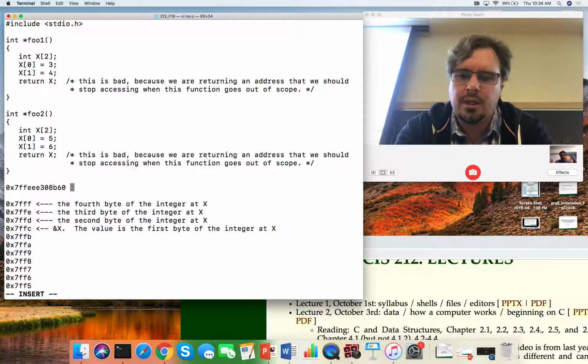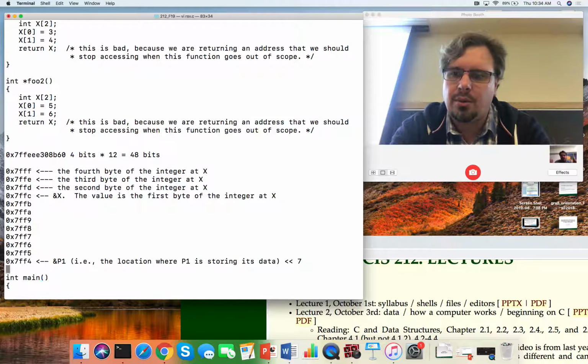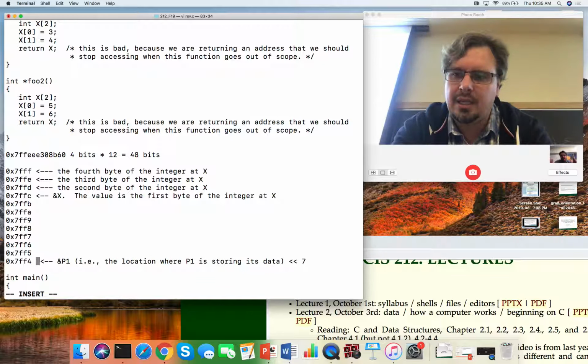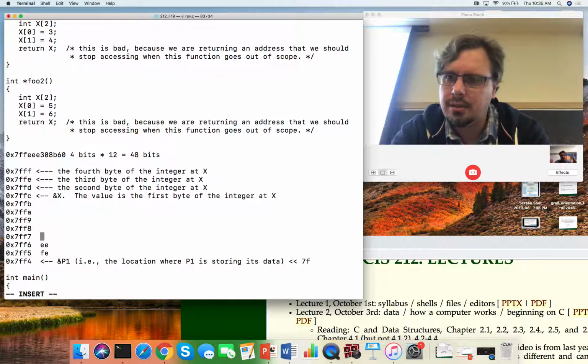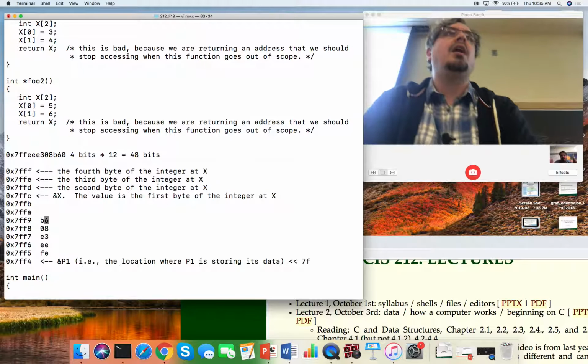So each one is 4 bits, and there's 12. So that means there's 48 bits. And so then the first 8 bits go here. So the first 8 bits would be 7F. The next 8 bits would have FE, EE, E3, 08. I think I've made some mistakes here, but I hope that I'm being clear on what's going on.